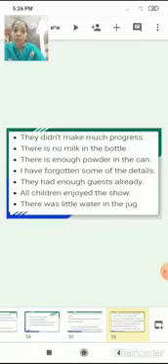I have forgotten some of the details. So in each of these examples we have quantifiers like much, some, all, little. So quantifiers state precisely or suggest approximately the amount or the number of a noun.